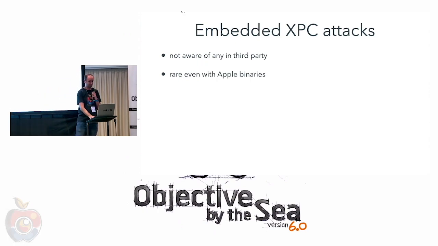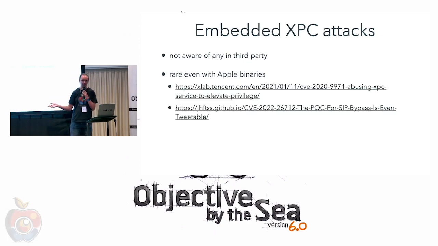And I think it's rare even with Apple binaries, at least based on those which made it to the public. I found two which abused these embedded XPC services, but really that's it. And again, we are talking here about third parties really, where I haven't seen any such vulnerability.